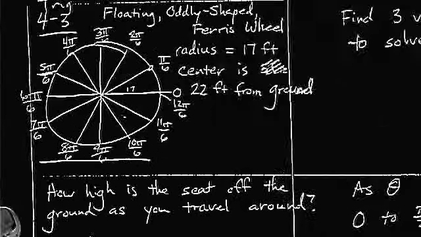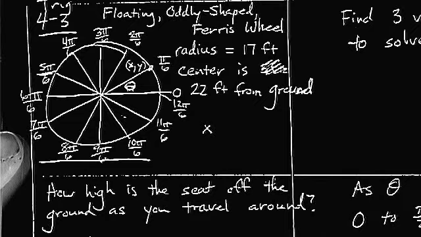Now, every coordinate on this circle, we know it has an x value and a y value. Now, each one of those x's and y's we know has an angle measurement theta. Right? The theta represents the angle of rotation.